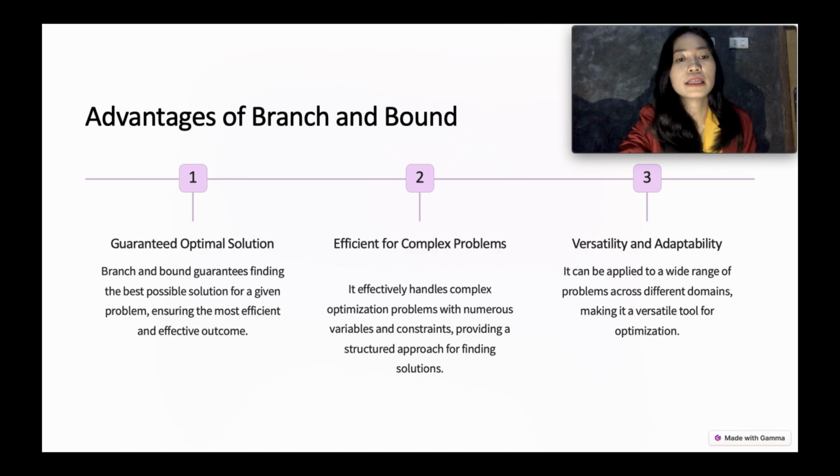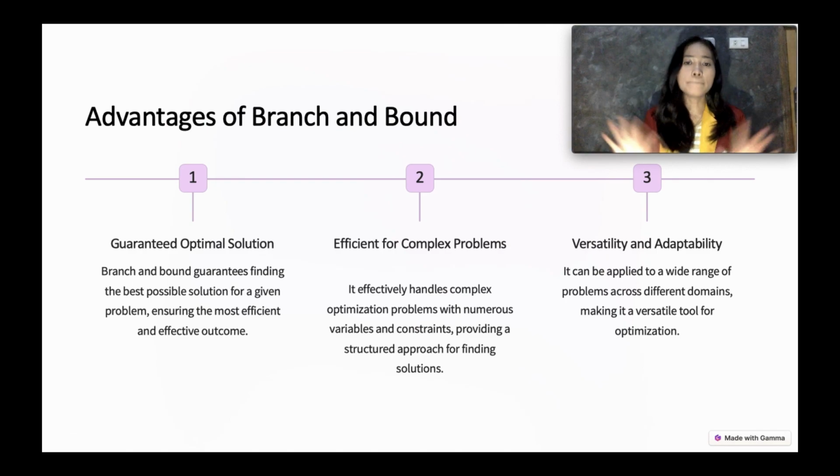And advantages of branch and bound. Step one, guaranteed optimal solution. Branch and bound guarantees finding the best possible solution for a given problem, ensuring the most efficient and effective outcome. And step two, efficiency for complex problems.